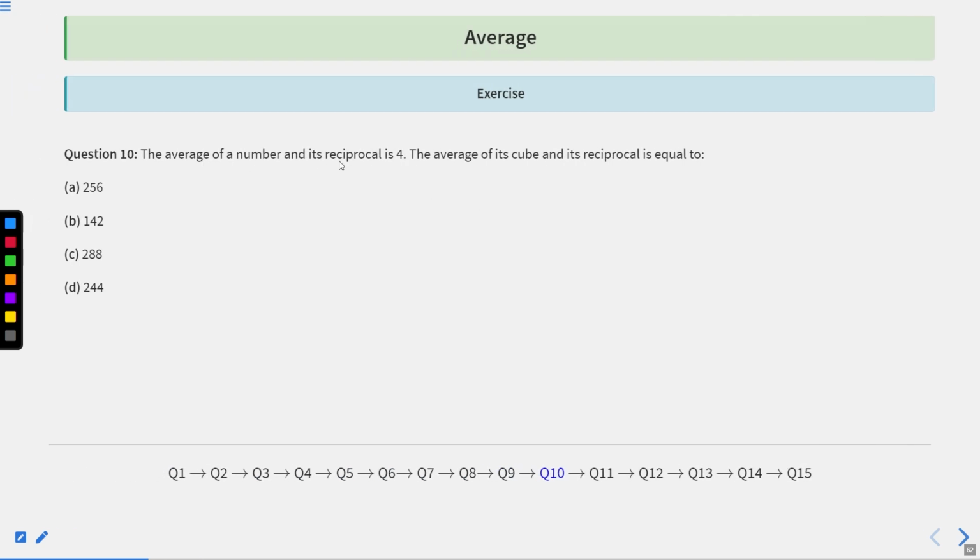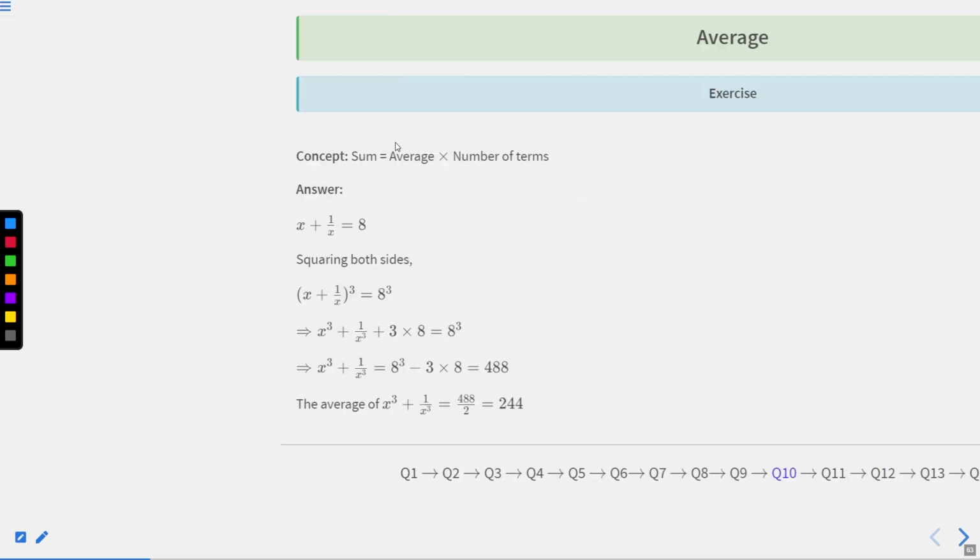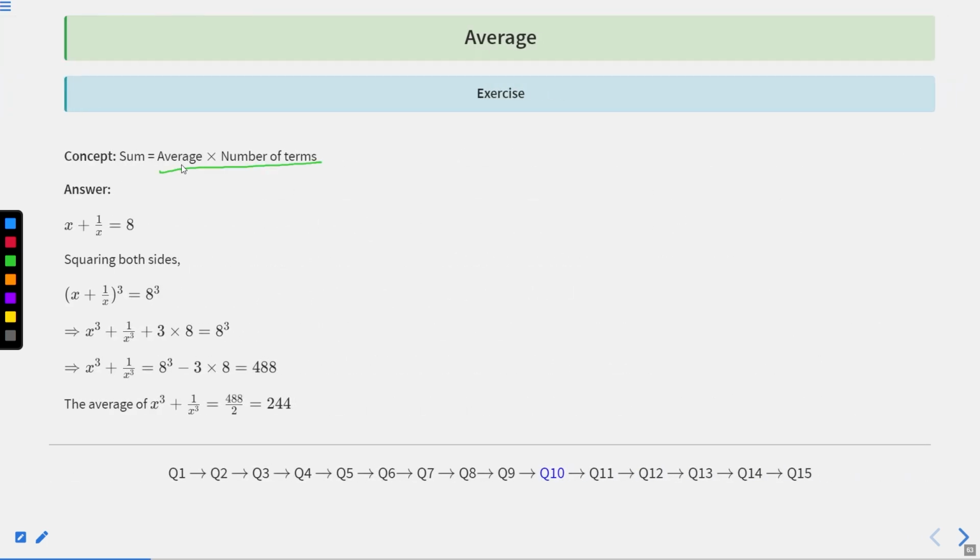They say the average of a number and its reciprocal is 4. It means if the number is x, then the average of x and 1 upon x is equal to 4. Average times number of terms is equal to sum. So (x plus 1 upon x) upon 2 is given to be 4. So it will be x plus 1 upon x equal to 8.